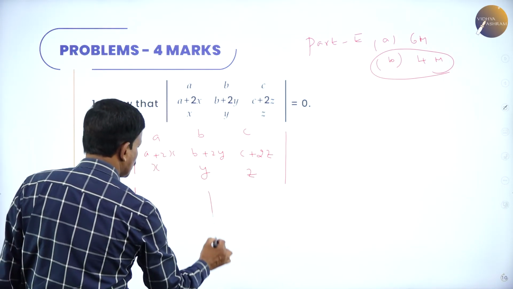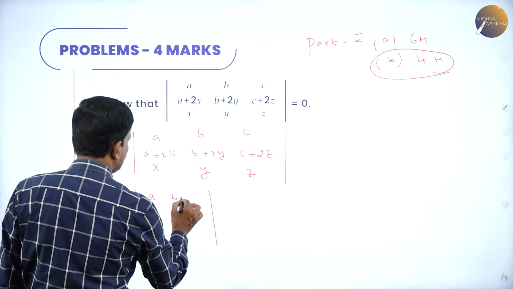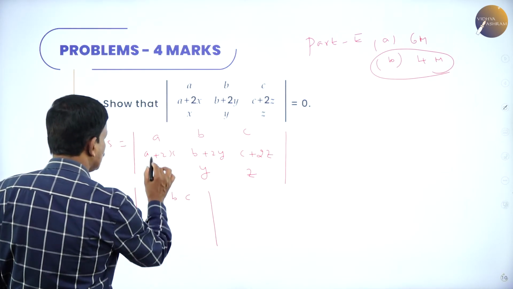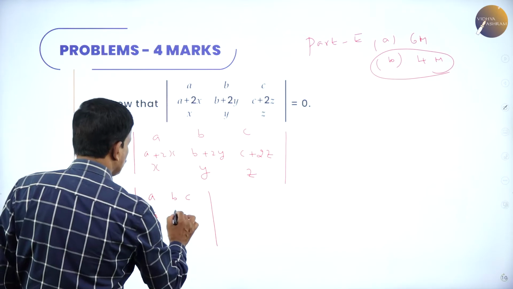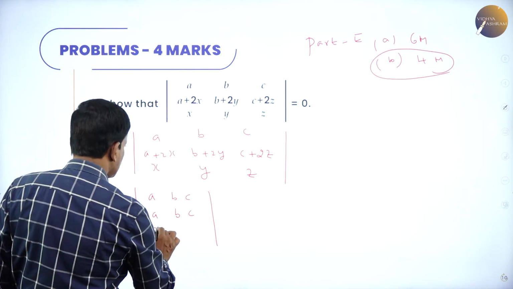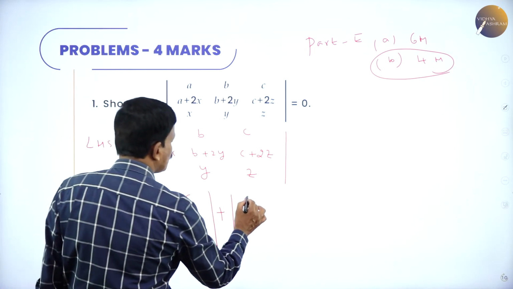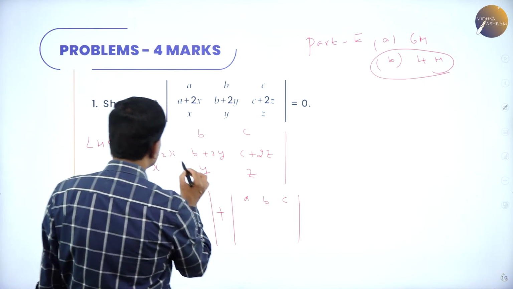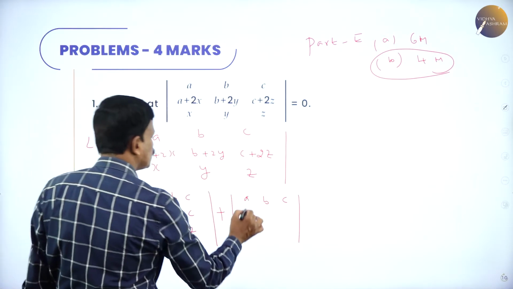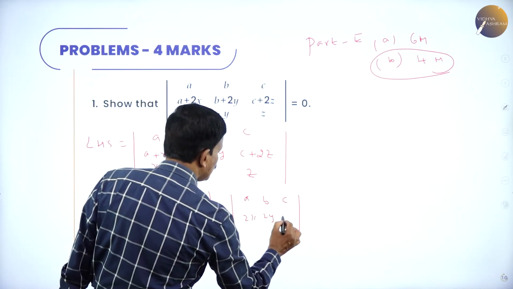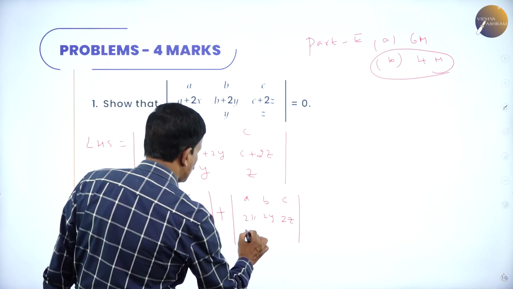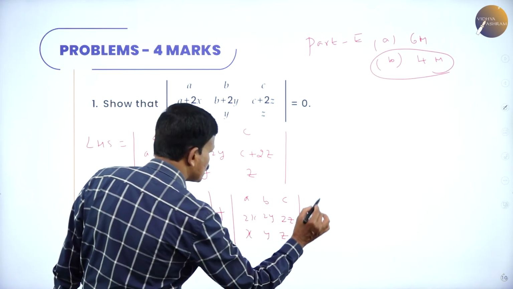So this can be written as: take the first element A, B, C and the second as A, B, C, then x, y, z, plus, similarly, the first row is the same A, B, C, the second elements 2x, 2y, 2z, and the third row x, y, z as it is. Followed?